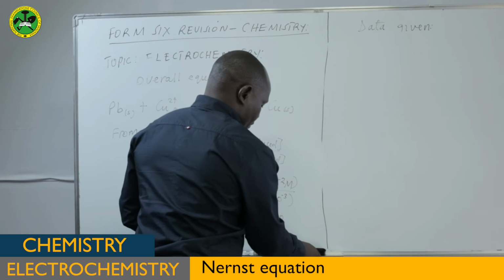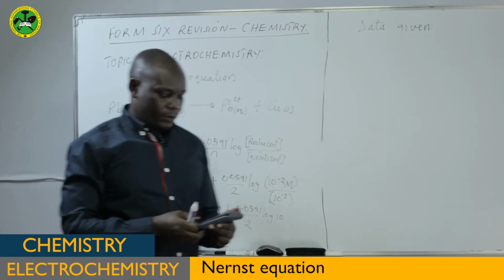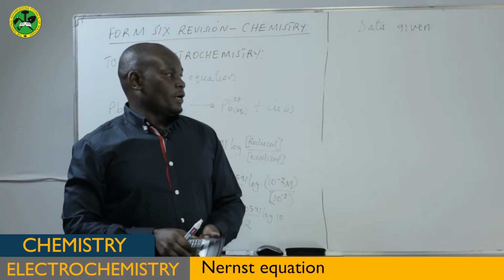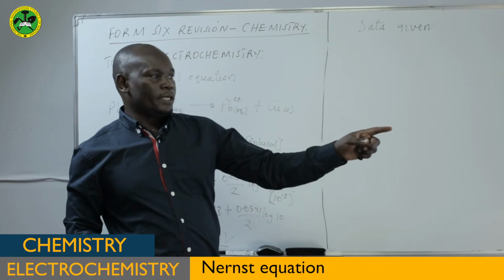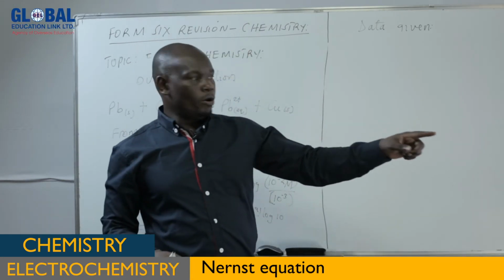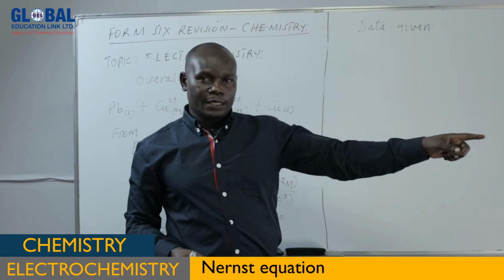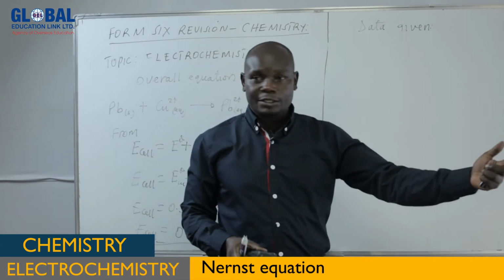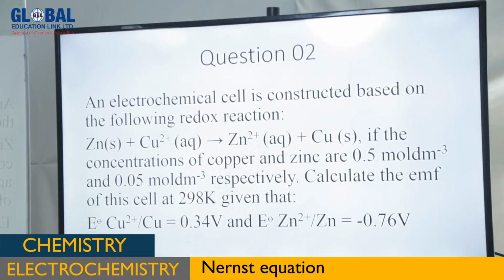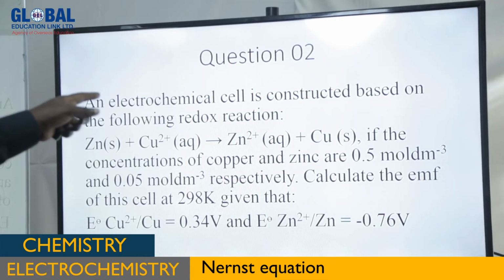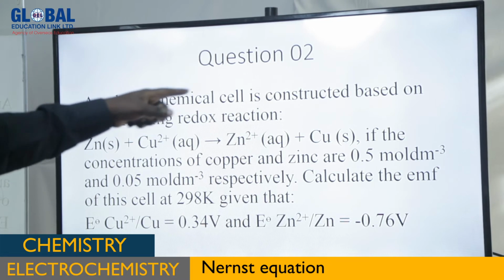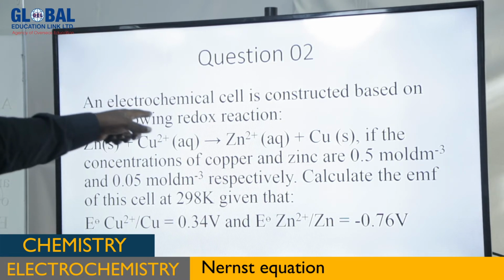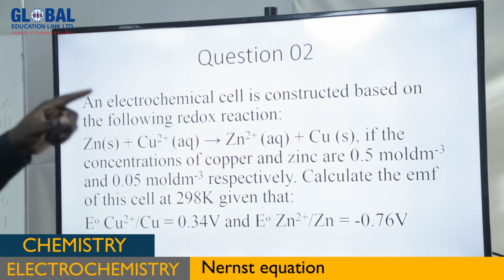From the second example, we are given that an electrochemical cell is constructed based on the following redox reaction. The balanced redox reaction is already given, so it is easy: zinc solid plus copper 2 ions gives zinc 2 plus plus copper solid.